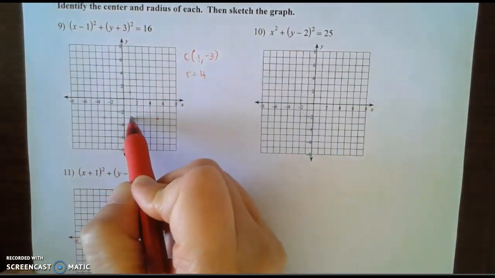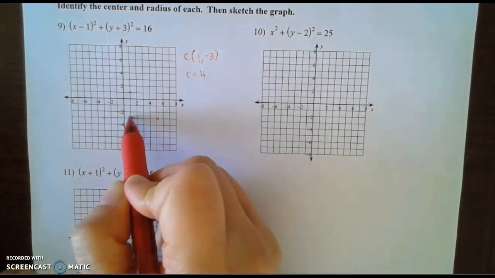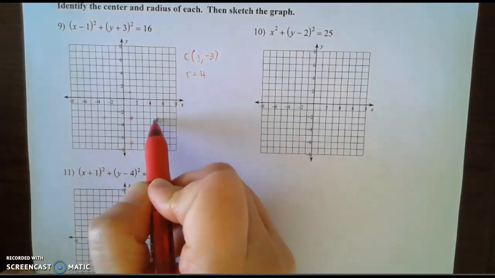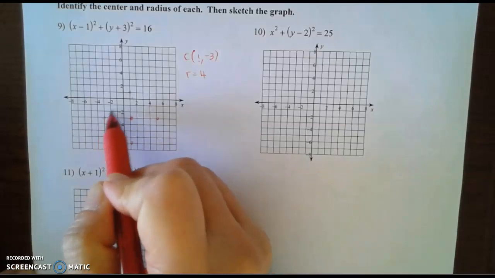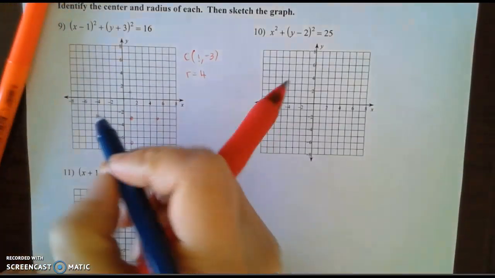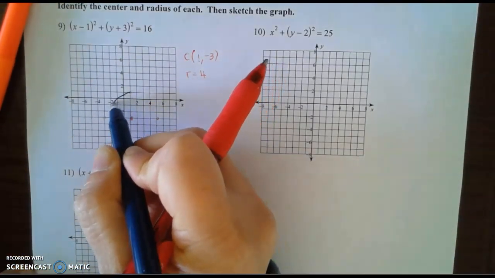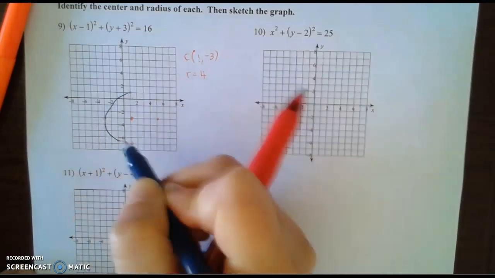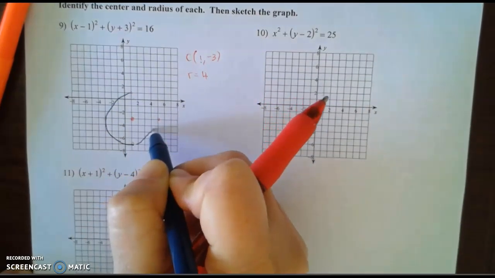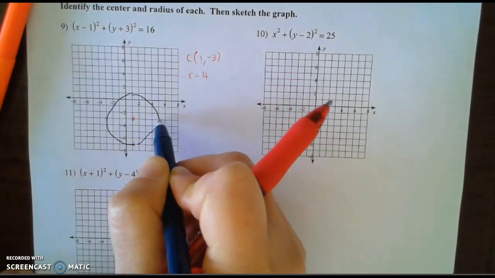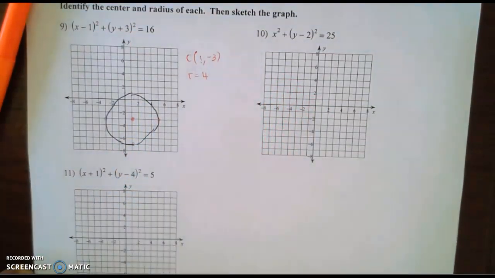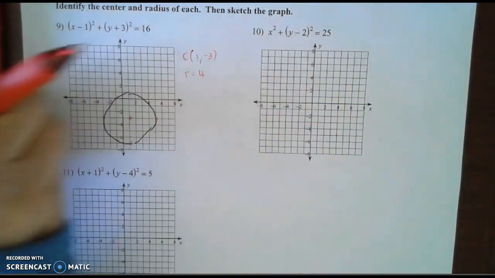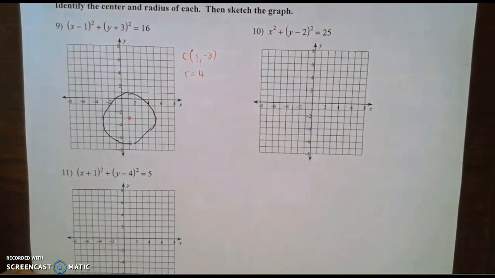So I mark my center, and then I go up 4 units from the center, 4 to the right, 4 below, and 4 to the left. And after I've marked them, I try to connect my points to draw a nice circle. I didn't do so well here. Okay, all right. So same idea with the other problems, and I'll show you your answer.